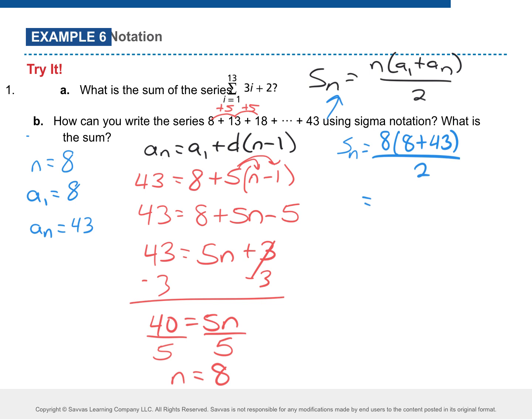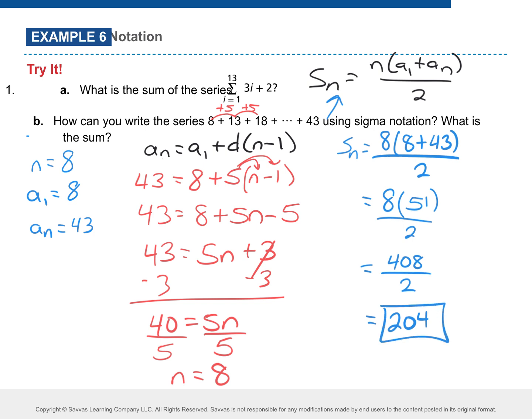To save time, we can keep going. What's 8 plus 43? 51. 8 times 51? 408. 408 divided by 2? 204. Okay, that is our sum.